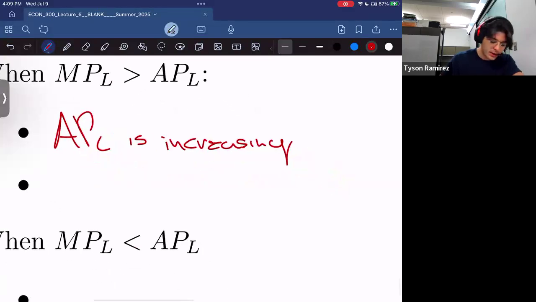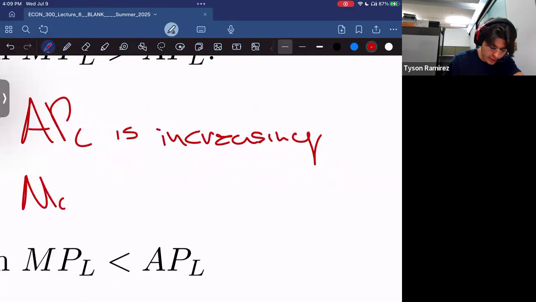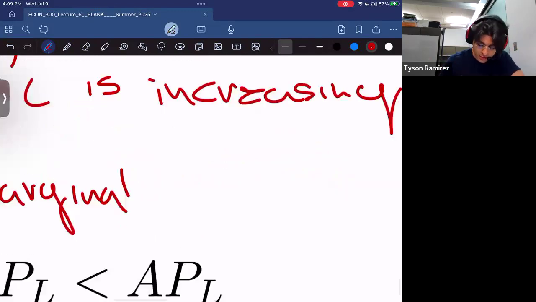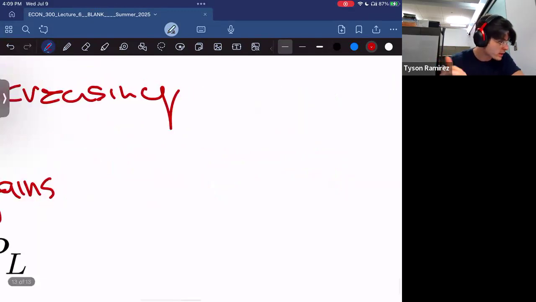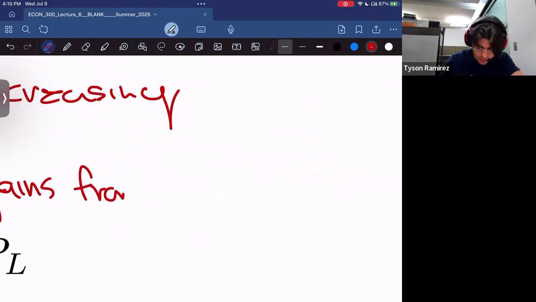All right. What does this mean? This means that the marginal gains from an additional labor unit are greater than the current average output.